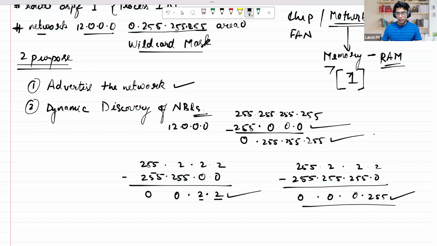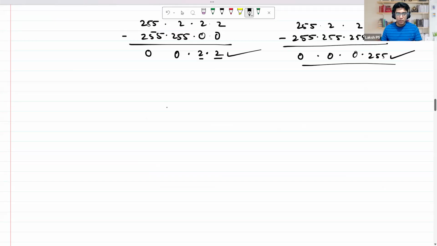Now, if you are given any other address mask, not 255, any other address mask like 255.255.224.0, and you have to find out the wildcard mask for this particular address mask, it's very simple.